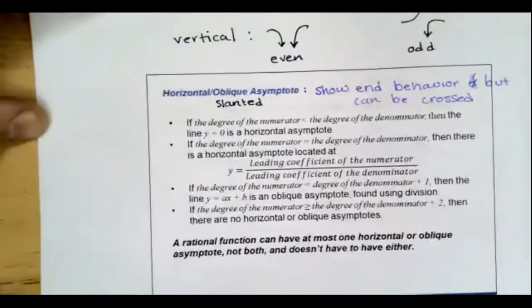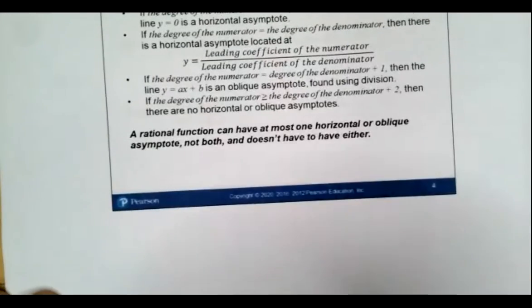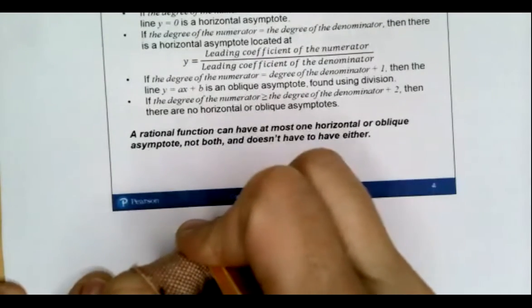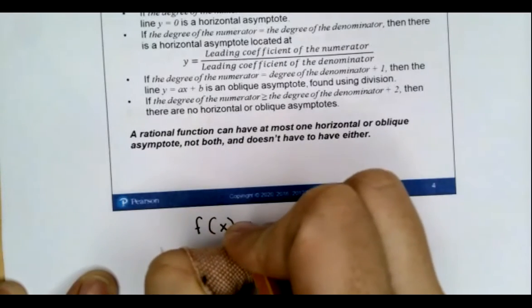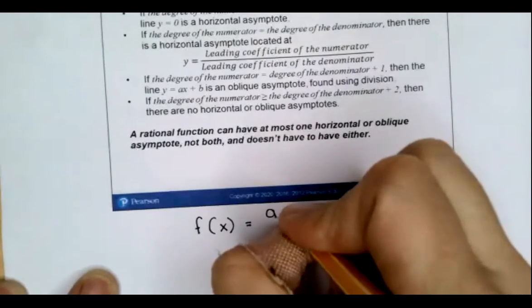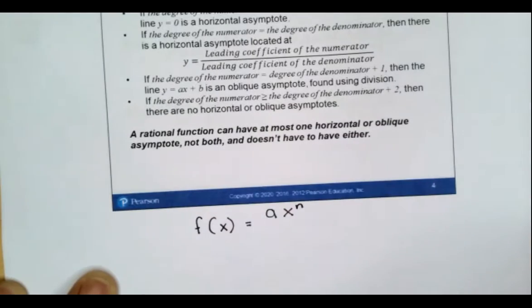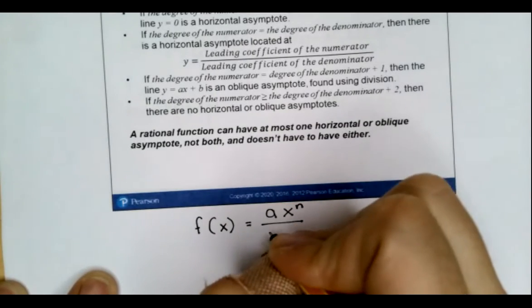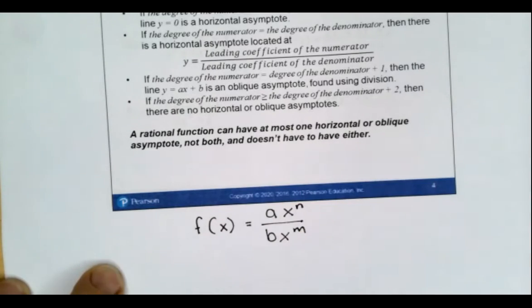Okay, so think about what we're working with. We have f of x is a times x to the power of n over b times x to the power of m.